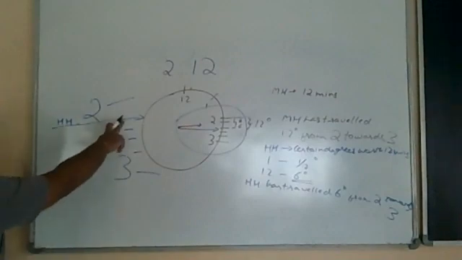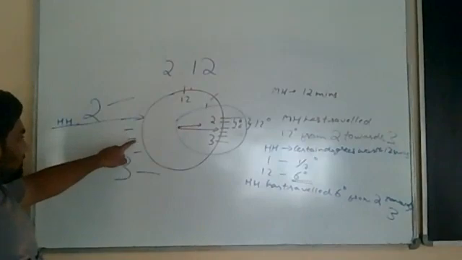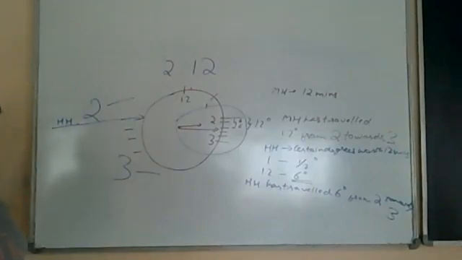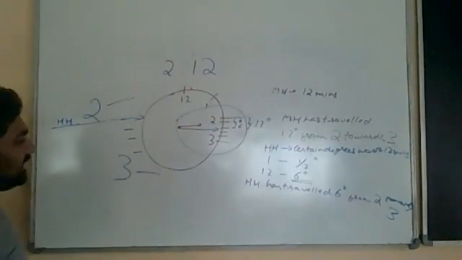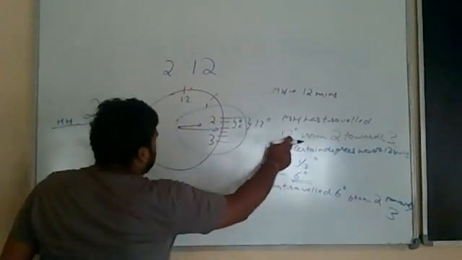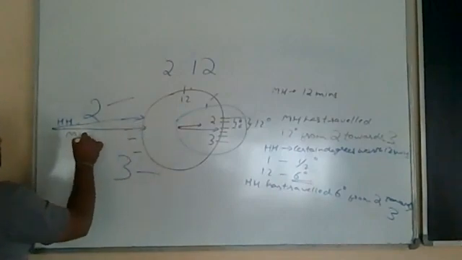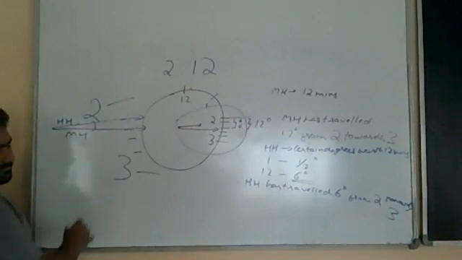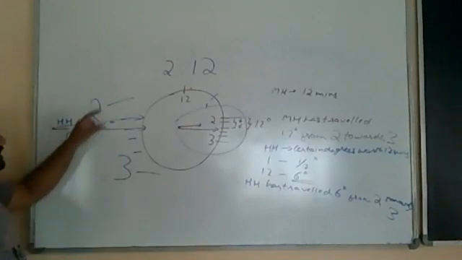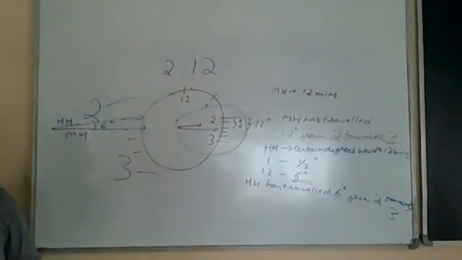Correct? Because this is the first division, no? Each division is 6 degrees. 6 plus 6 plus 6 plus 6 plus 6, 30, correct? So the hour hand has traveled only 6 degrees, whereas the minute hand has traveled 12 degrees. So the minute hand should be here. And what is this angle? 6 degrees. Because this is 6, this is 6, each division is 6.